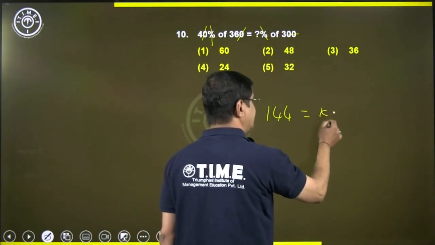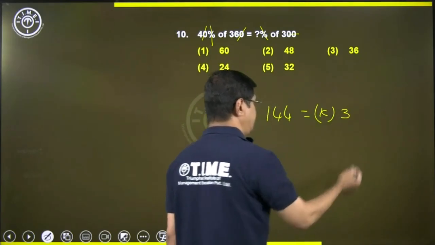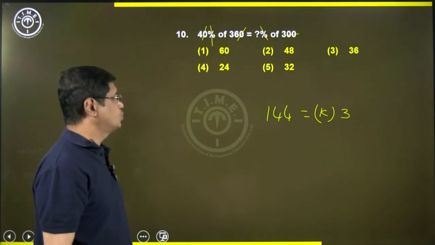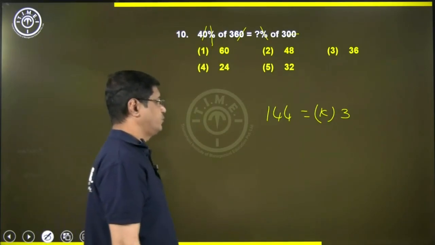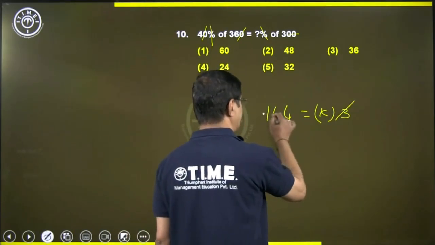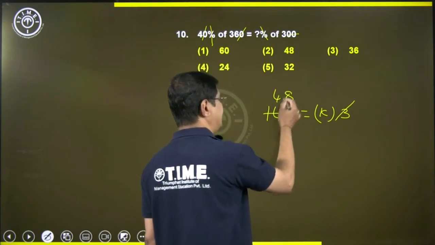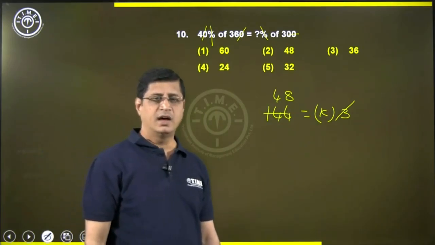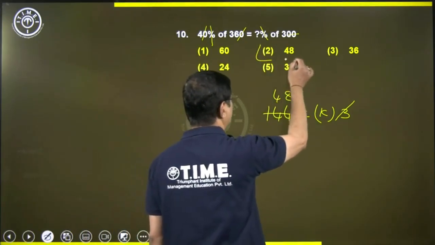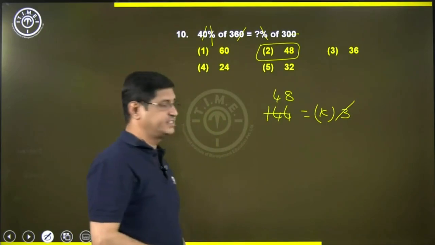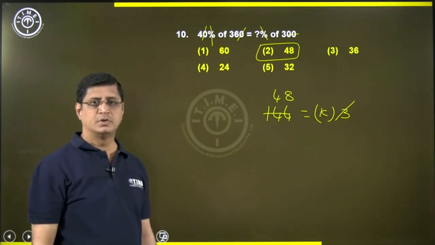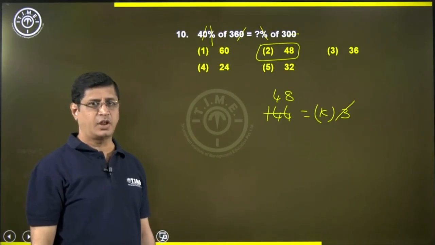Then what is the result? K into 3. Now solving this. How many times of 3 is equal to 144? Here it goes exactly 48 times. The value of the question mark is 48. Answer choice 2. 48 is the value.